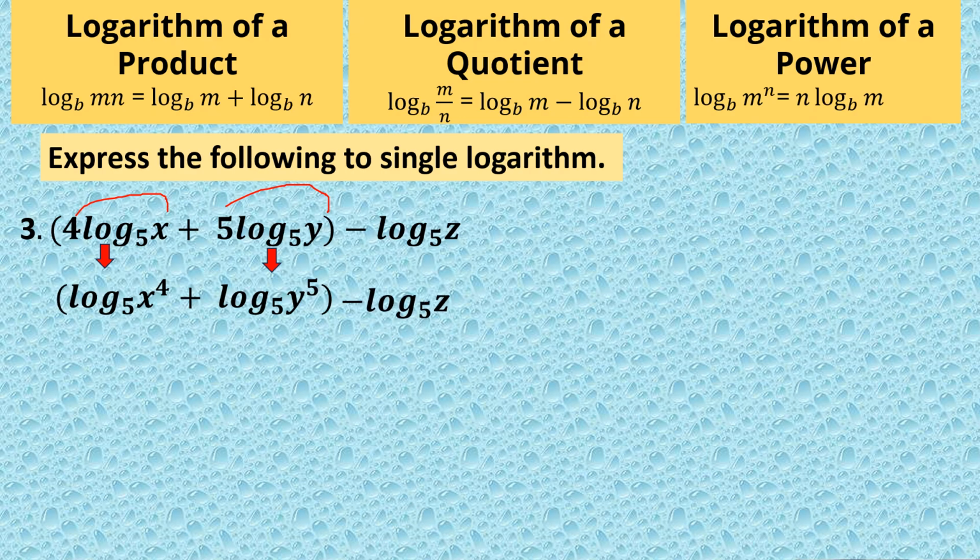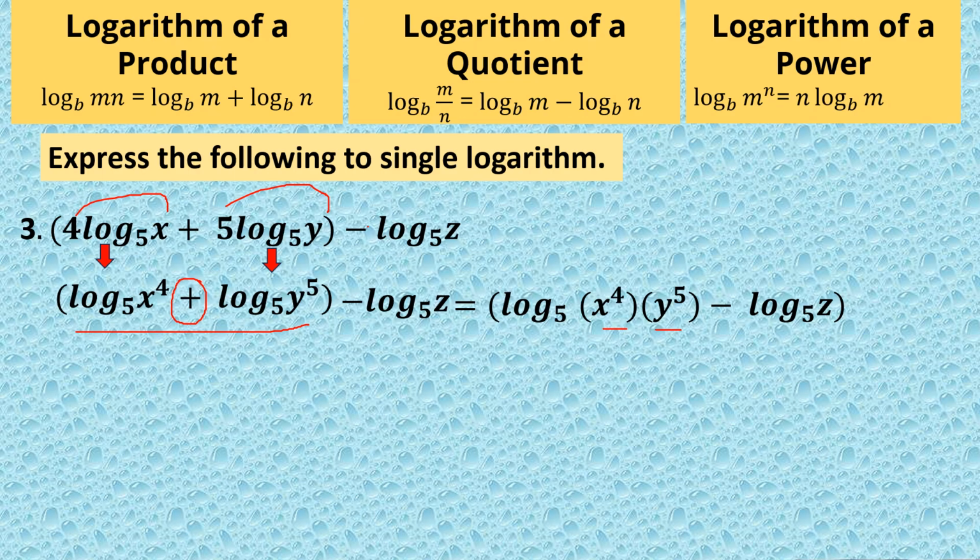Next, we rewrite log of z to the base 5, because there's no number before the word log. Then we check which law of logarithm is being applied. Since it's a plus, it is a sum of two logarithms, so we express them as a product: x to the power of 4 and y to the power of 5 multiplied, with the base 5. Then we rewrite the next term, which is minus log of z to the base 5.